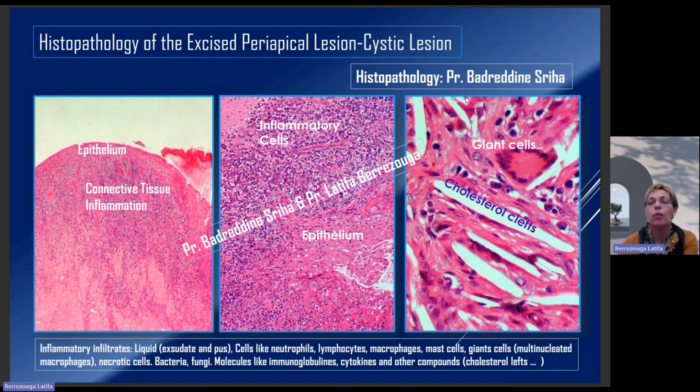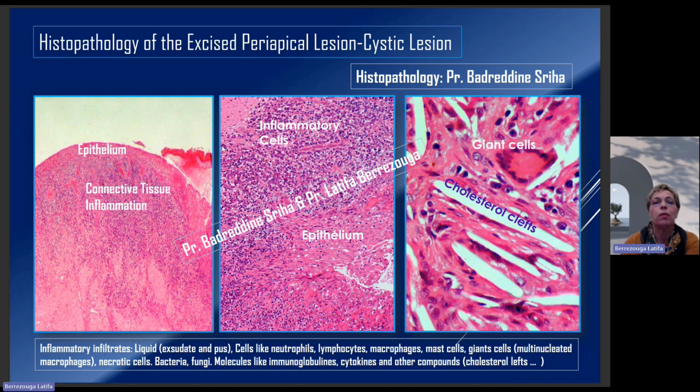But these cells cannot digest or phagocytose cholesterol crystals. So what you see here are not really crystals, but clefts of cholesterol. And these clefts of cholesterol are also implicated in the maintenance of the periapical lesion.